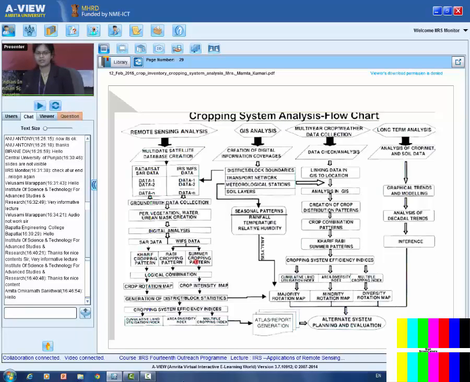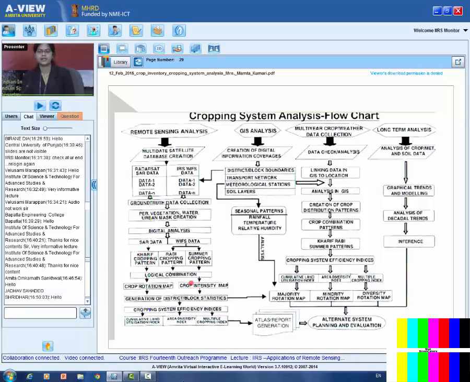If we have all these maps, we can logically integrate them into the GIS, and then we can prepare the crop rotation map. If we are using more than one year of satellite data, we can have remotely sensed derived indices, cropping pattern indices.